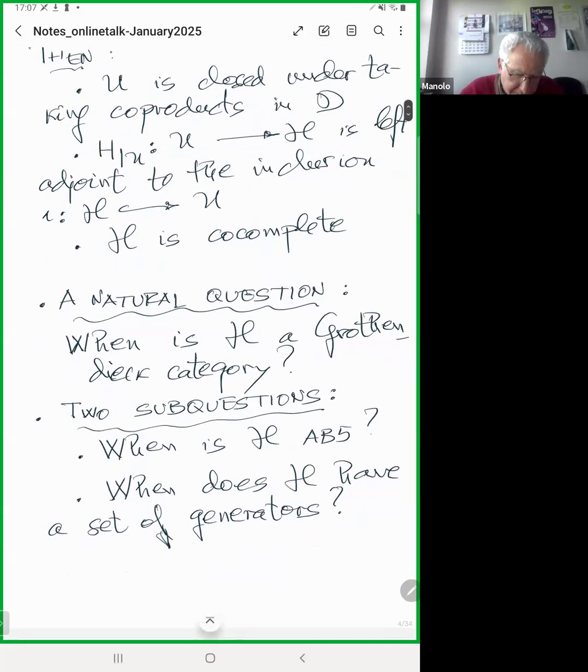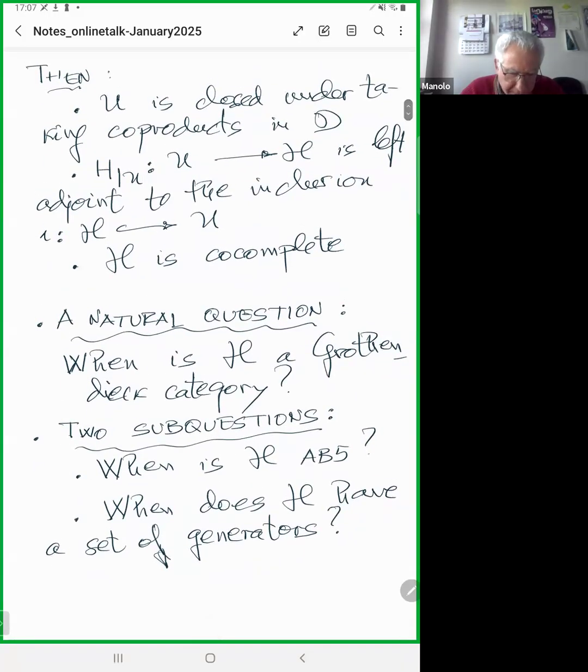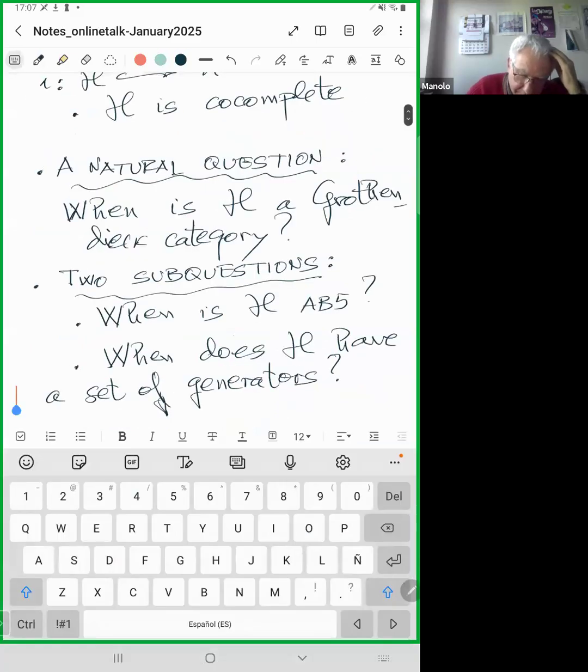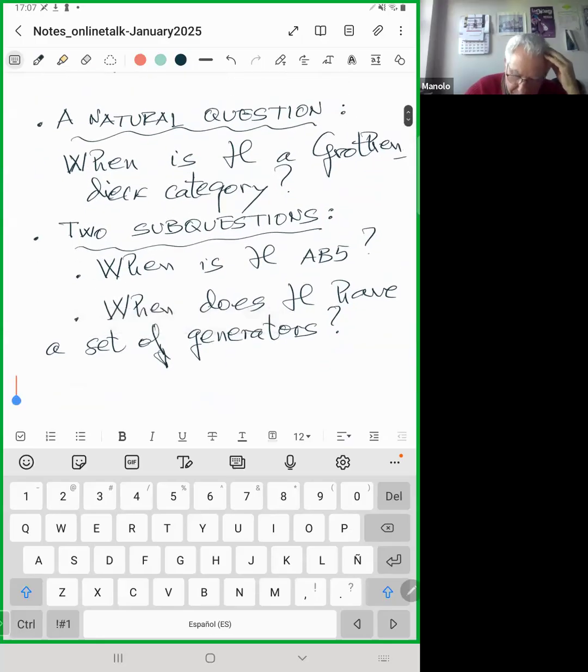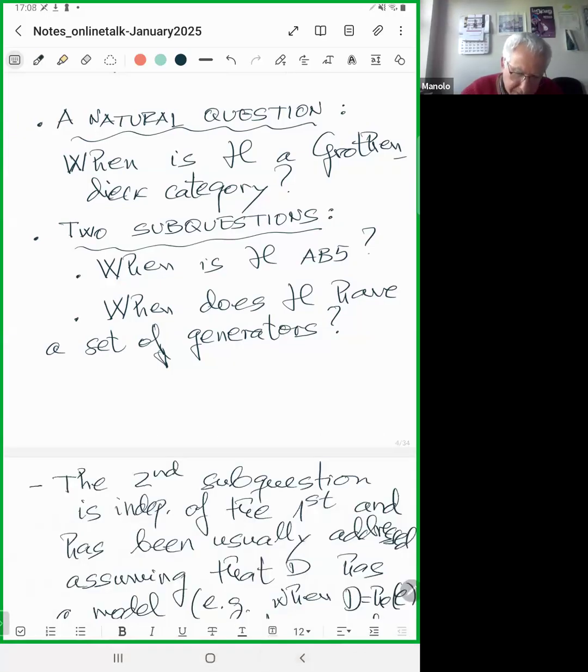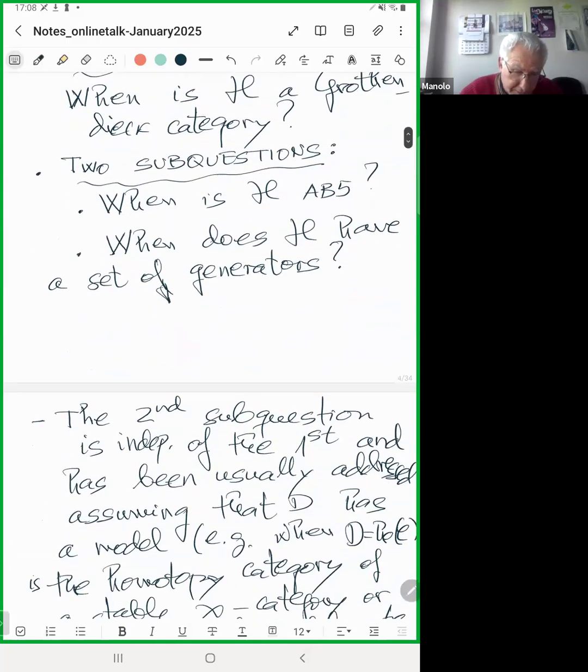A natural question that has deserved a lot of attention in recent years is: when is H a Grothendieck category? Of course, there are two sub-questions. One asks when H is AB5, that is, direct limits are exact in H, and when does H have a set of generators?